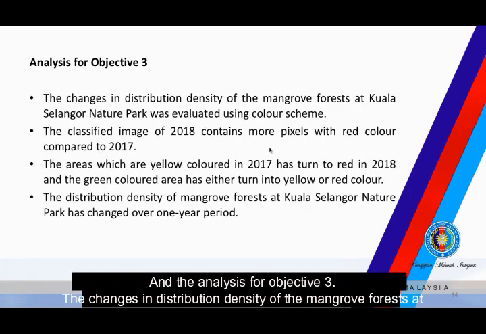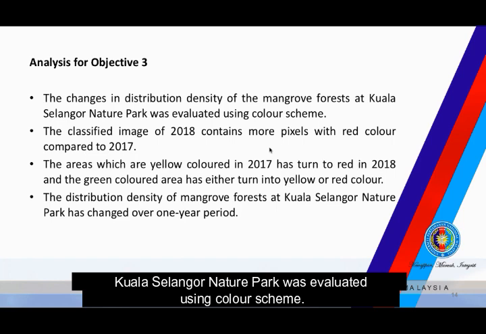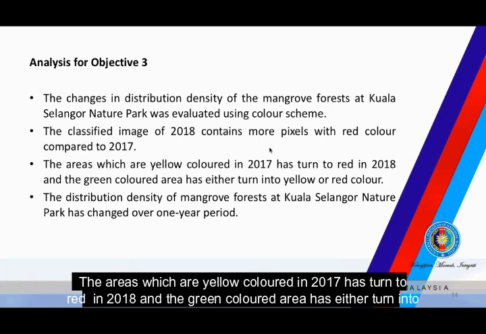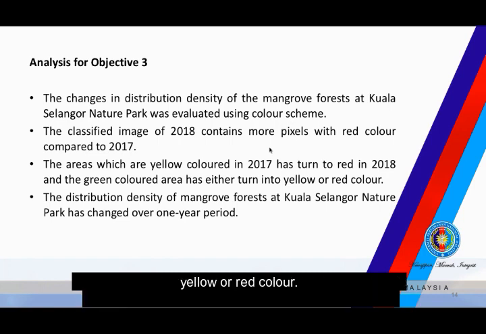And the analysis for objective 3: the changes in distribution density of the mangrove forest at Kuala Selangor Nature Park was evaluated using color scheme. The classified image of 2018 contains more pixels with red color compared to 2017. The areas which are yellow colored in 2017 have turned to red in 2018, and the green color area has either turned into yellow or red color.